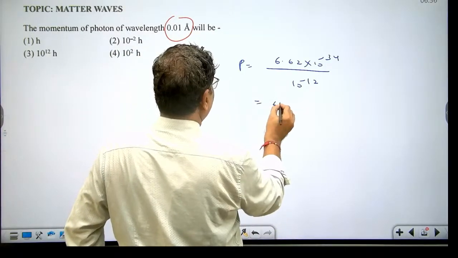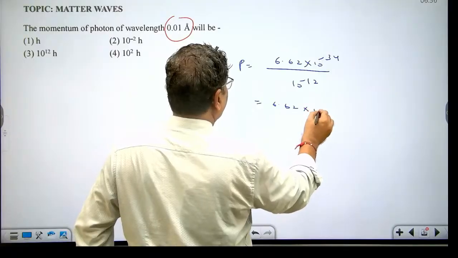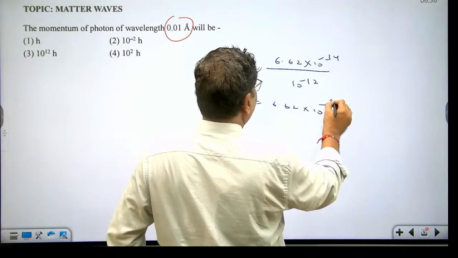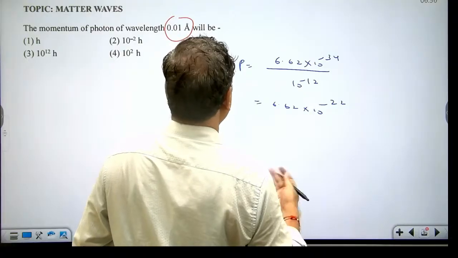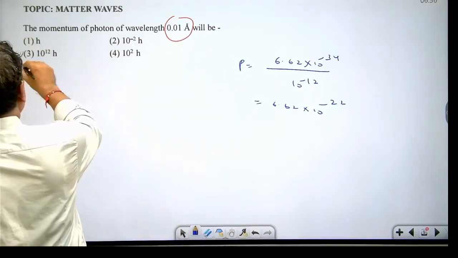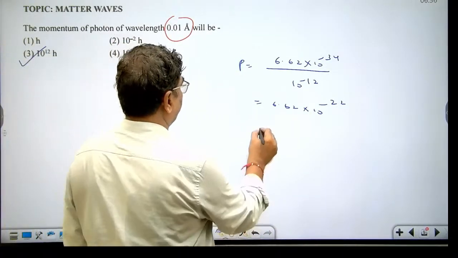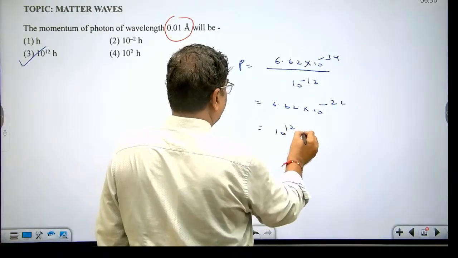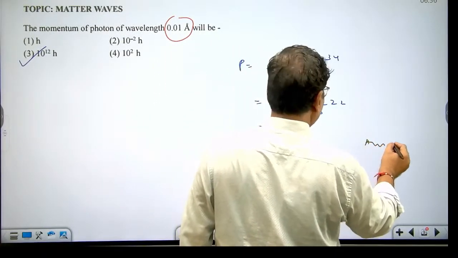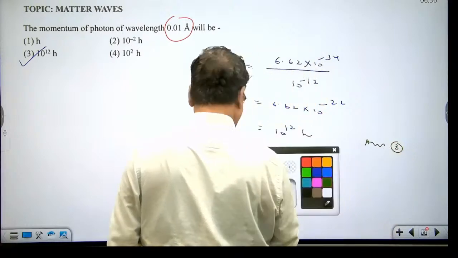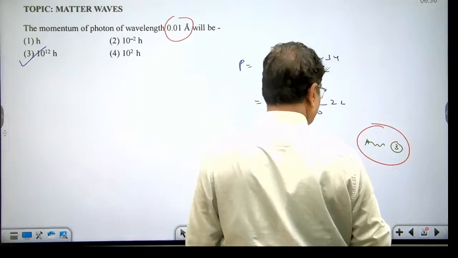So this is 6.62 into 10 power minus 22. You can write directly 10 power 12 h. So out of 4 choices, the correct choice is option 3.